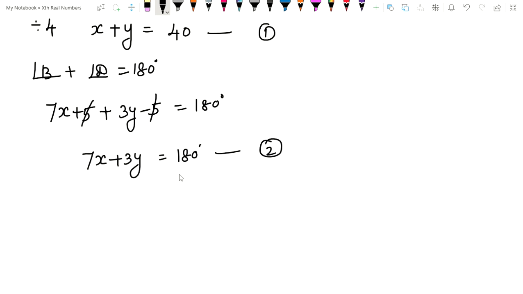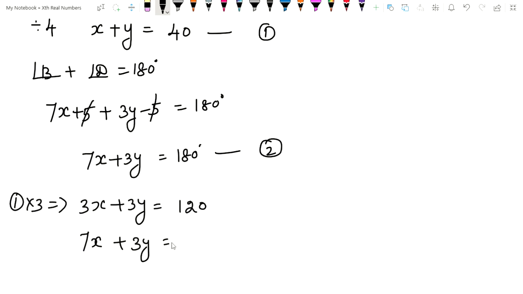Okay. See here, I am going to eliminate the y variable. So I need to multiply the first equation with 3. 3x plus 3y equal to 120. Okay. 7x plus 3y equal to 180. Okay. So now I'm going to subtract this. This is considered as third equation.